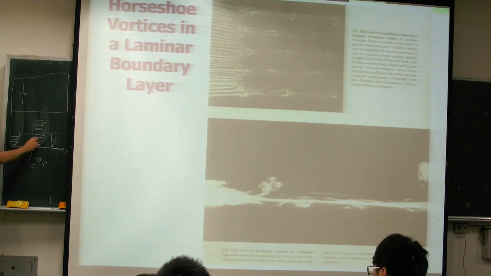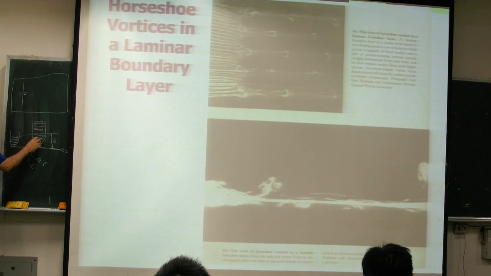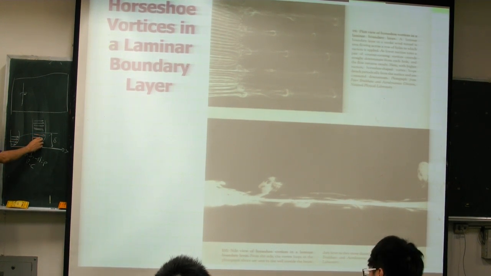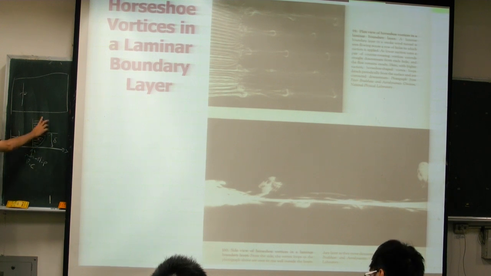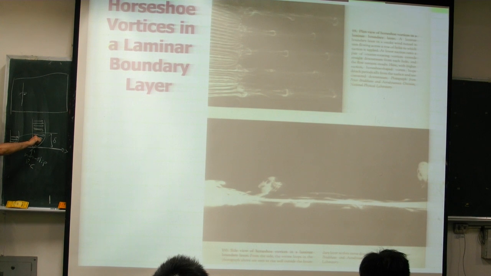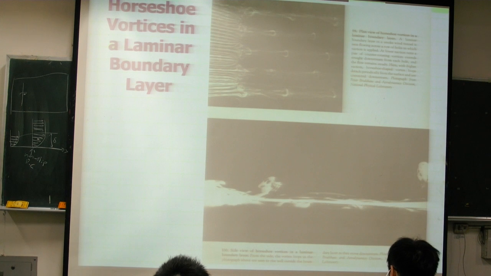And this vortex line here is convected by what? By this velocity profile. It is convected by this velocity profile along the downstream direction. However, when you have a very straight vortex line like this, it's very unstable.